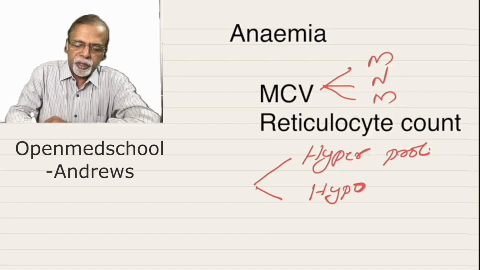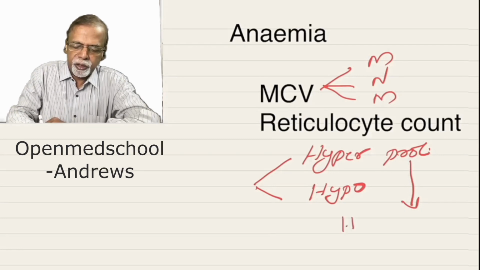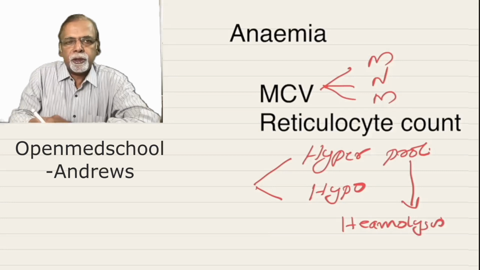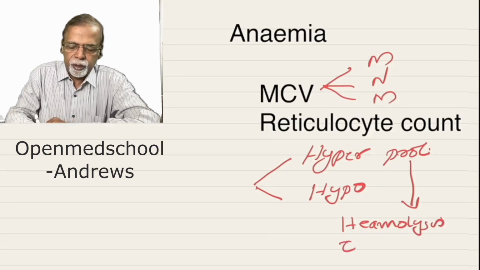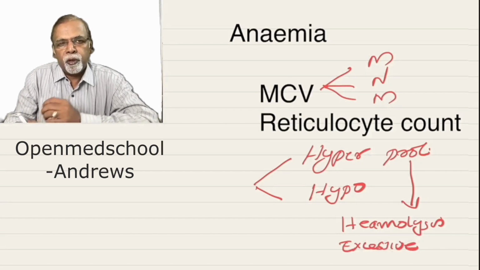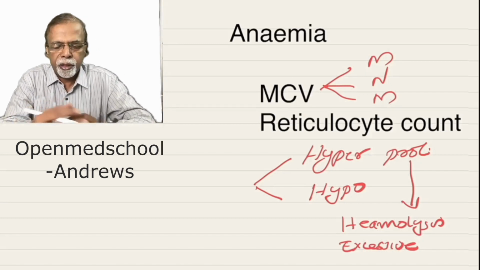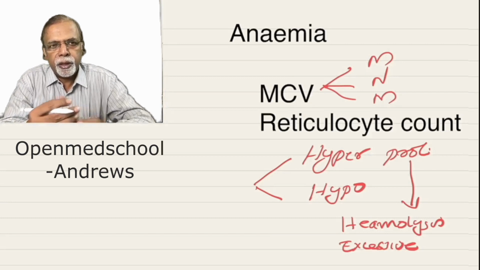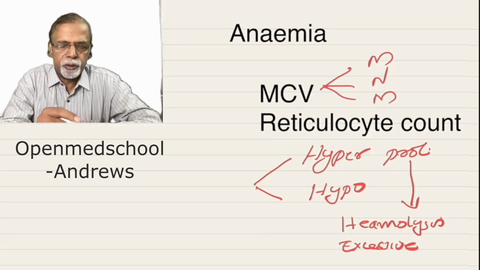Hyperproliferative occurs when there is hemolysis, most often, or excessive blood loss is occurring. Excessive blood loss leads to overproduction from the bone marrow, and that can lead to an increase in the reticulocyte count. Hope this is clear to you.